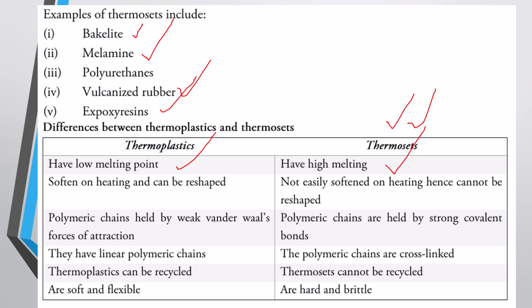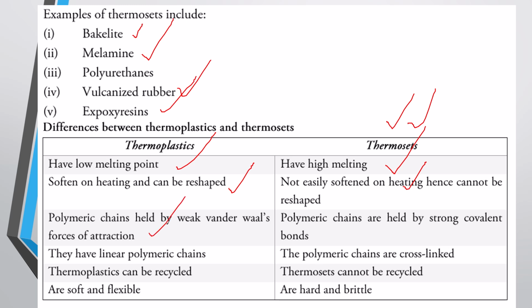Thermoplastics usually soften on heating and therefore can be reshaped or remolded, but thermosets do not soften on heating and therefore cannot be reshaped or remolded. Another difference is that thermoplastics are held by weak van der Waals forces of attraction.